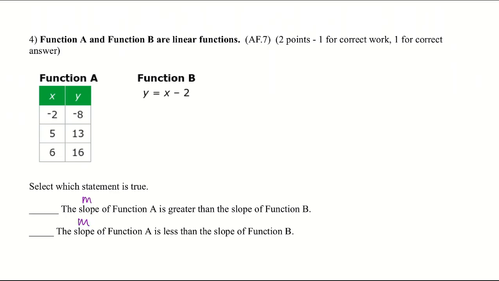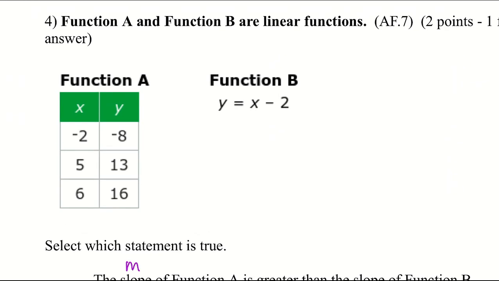Now, those of you that got to this question today, some of you might argue and say, well, there's not a rate of change here that's constant because -8 to 13 is 21. And -2 to 5 is 7. Whereas 5 to 6 is +1. And 13 to 16 is +3.